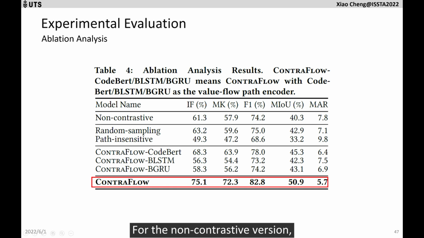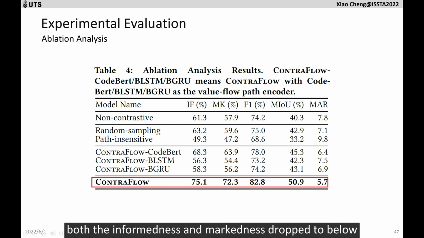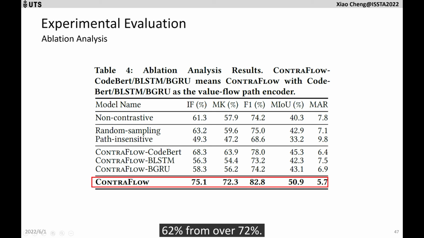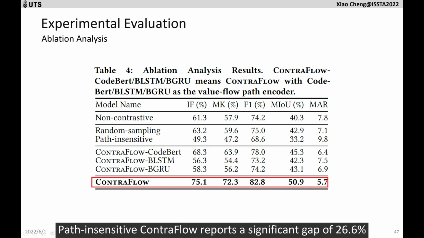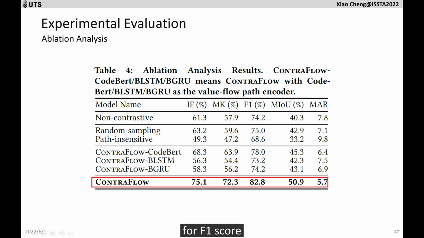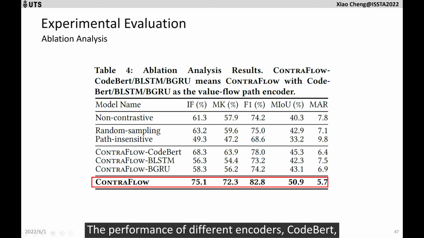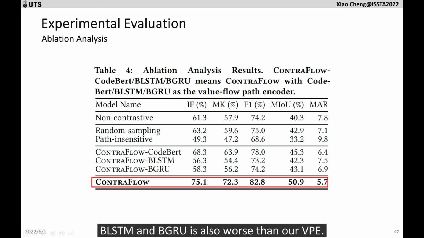For the non-contrastive version, both the informedness and markedness dropped to below 62% from over 72%. Path-insensitive ContraFlow reports a significant gap of 20.6% for F1 score and 53.3% for mean intersection over union. The performance of different encoders called BERT, BLSTM, and BGRU is also worse than our VPE.